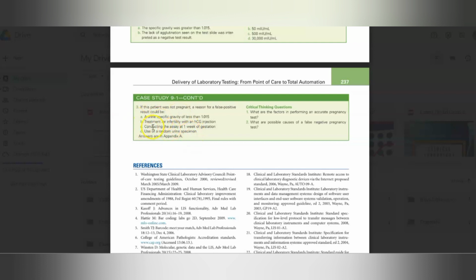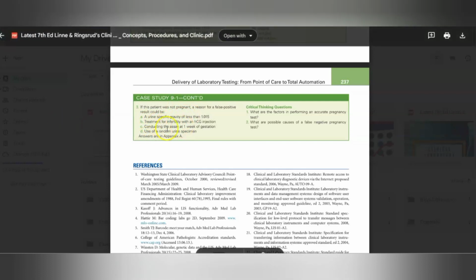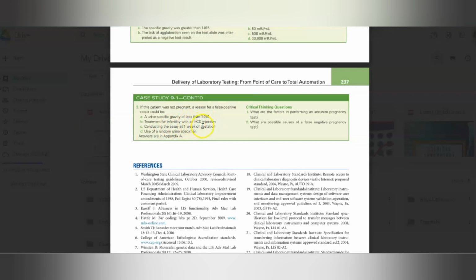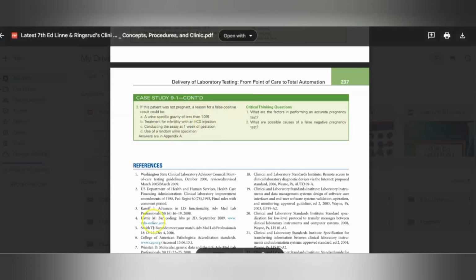Of course, the answer here could be B. A false positive could be due to treatment for infertility with an HCG injection. Of course, this will elevate the level of HCG in the urine, and it will be detected and appear as positive.